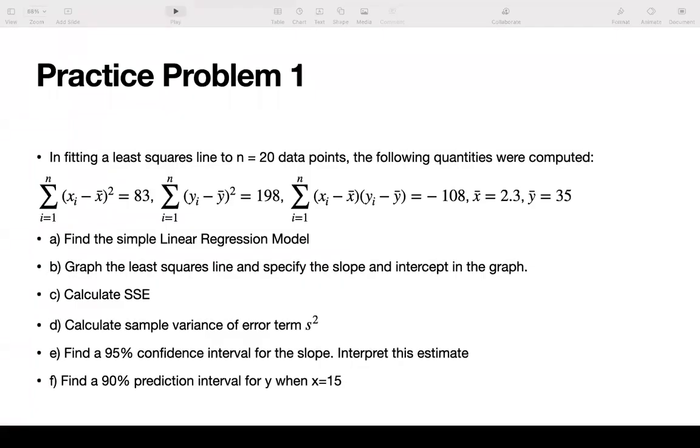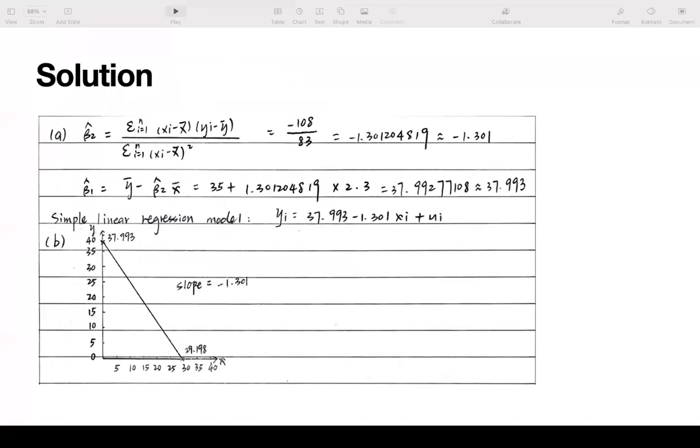Now we'll talk about the solutions for practice problem 1. For part A, we are asked to find a simple linear regression model. So we have to find the estimates for beta 1 hat and beta 2 hat.